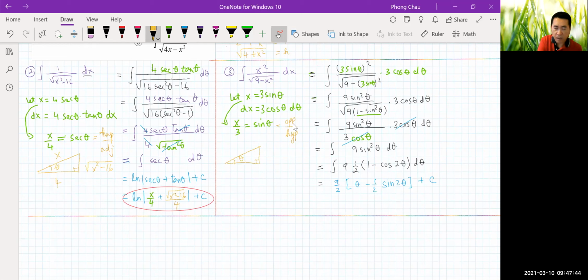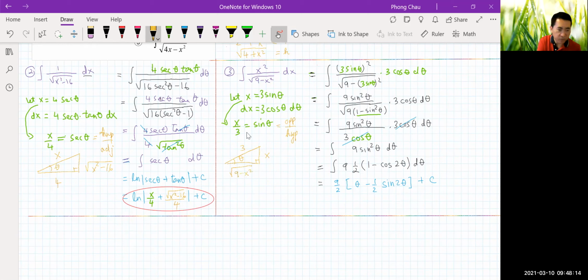Where's the opposite side? The opposite side is x, so that's an x. The hypotenuse is 3. So you have x squared plus the adjacent side squared equals 3 squared. Then when you solve, the remaining side would have a radical in it: the square root of 9 minus x squared.